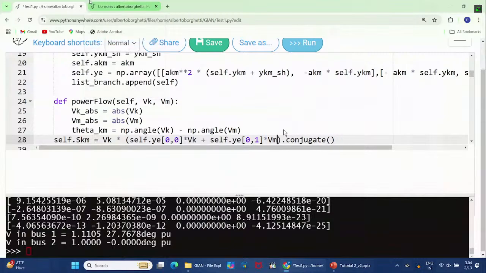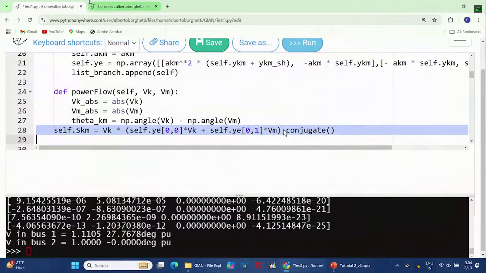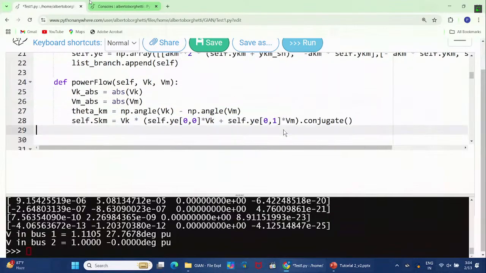And the same equation can be also written for the power. This needs to be indented with the other, no? The alignment is very important for Python. So self.Smk is the second row, so it is Vm multiplied by self.YE second row, first column, Vk, second row, second column, Vm, conjugate.